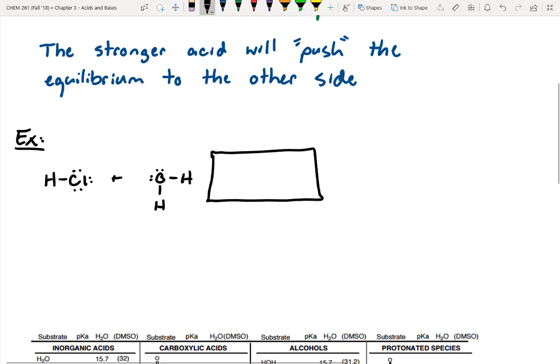We don't know which side's going to be favored. But we do know that HCl is an acid, hydrochloric acid by name. It's going to grab this proton, kick electrons to chlorine. That means we're going to have the chloride anion with a negative charge, plus the hydronium ion that has a positive charge.